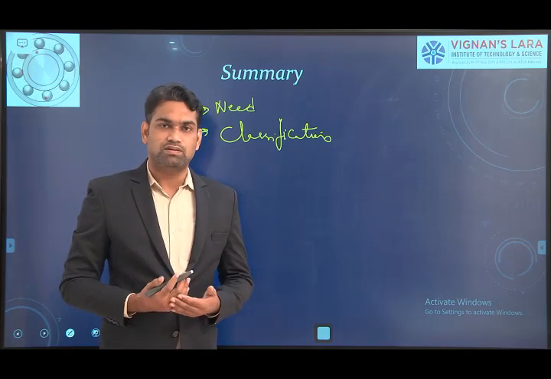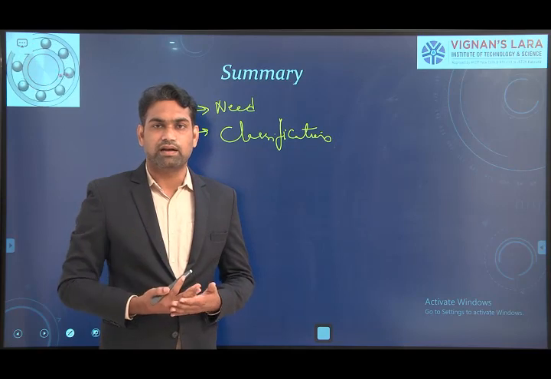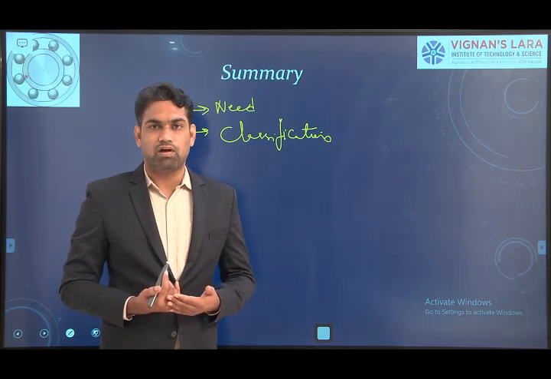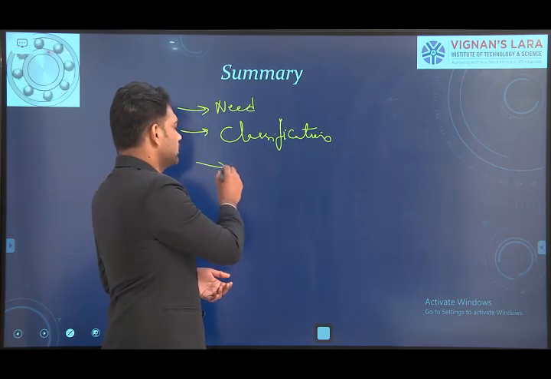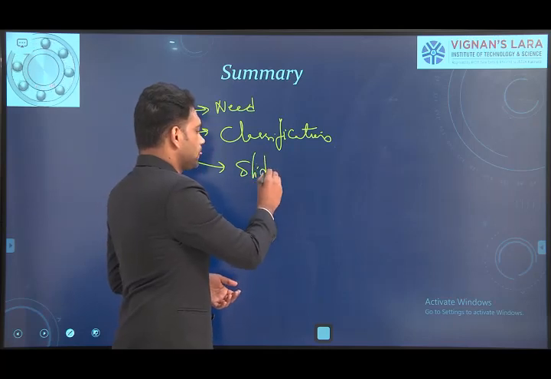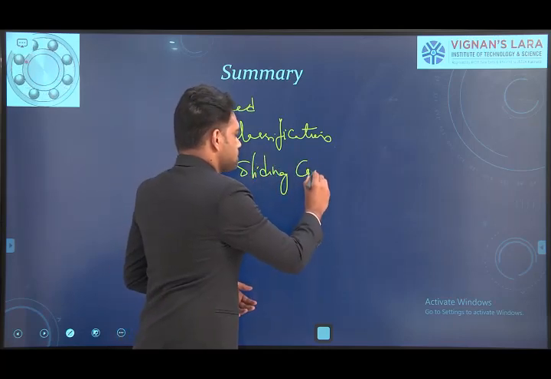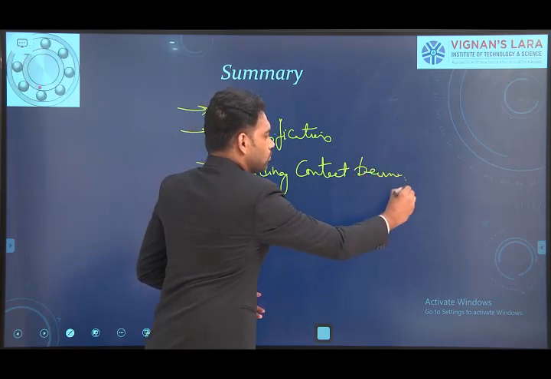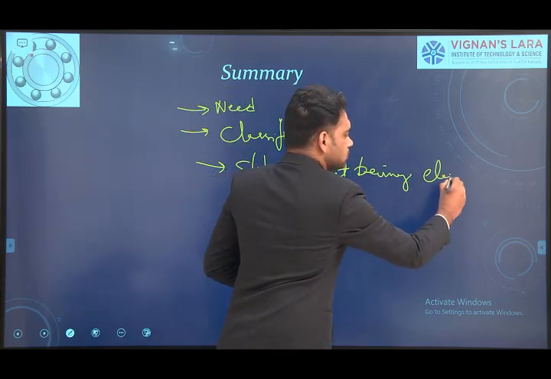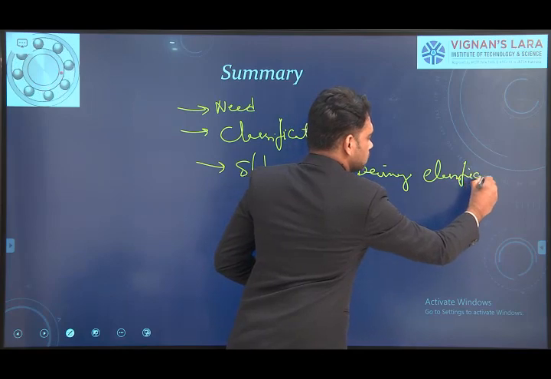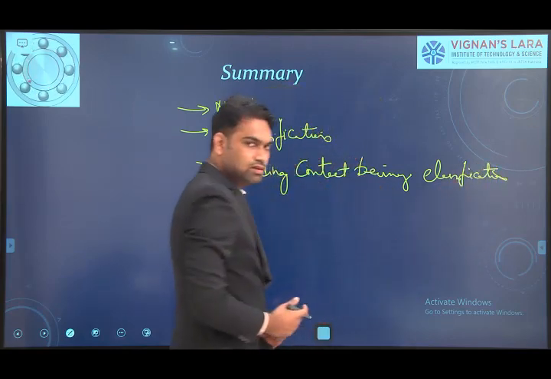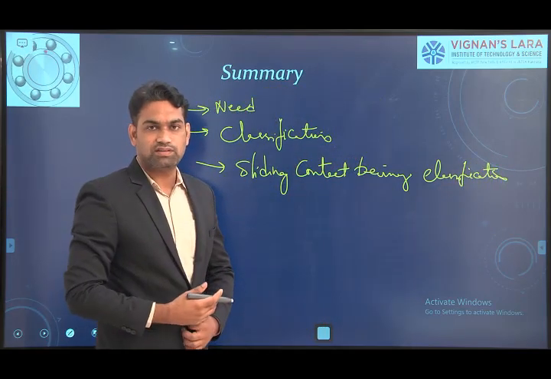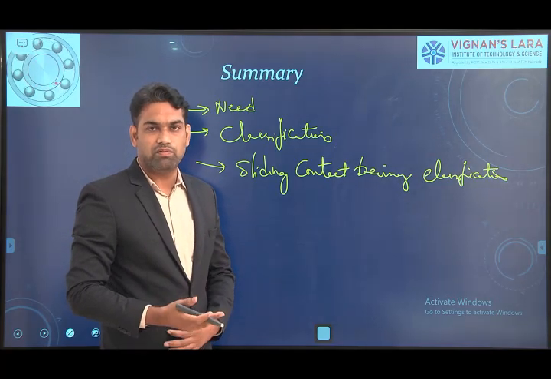As per our syllabus, we have both the sliding contact bearing design as well as the rolling contact bearing design. We have seen the broad classification of sliding contact bearings based upon the type of loads.